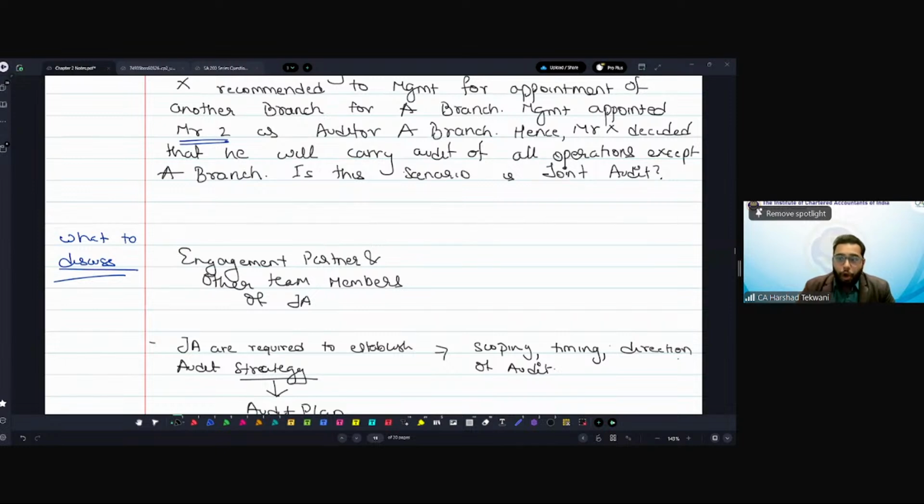What do you think? A common engagement letter, a separate engagement letter, or both? Very important to understand. Trust me, because this will enhance your understanding of why these requirements are there.